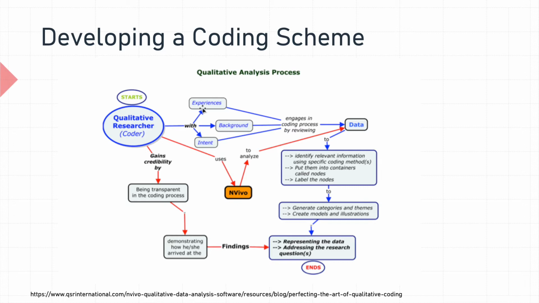Tools like NVivo are very good at, first of all, giving you a place where, once your interviews or your observations are coded and transcribed, you can upload them into your software. You generally start out with the stage of pre-coding, where you're trying to get to know what your data is.